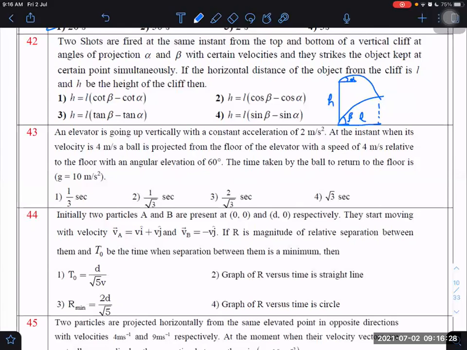So where is the object kept, sir? Where they are colliding, this path and this path, where they are meeting, there only the object must be kept, because they are colliding simultaneously. It can be on the ground also, no, sir. I'm not saying it is at height H only, that I don't know. But why does it have to be on the ground? I am taking a general case.